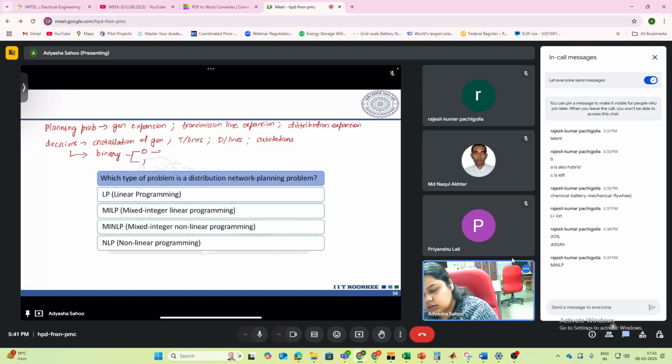So 0 means there will be no installation. 1 means there will be installation. So we need binary variables for such problems. So hence mixed integer basically means the presence of integer or binary variables. That means we ruled out linear programming and nonlinear programming.